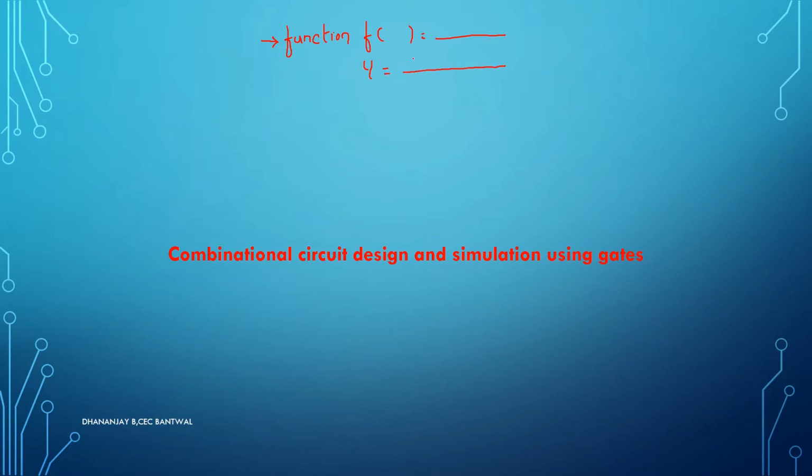Once this particular design problem is given to you, how are you going to solve it? The initial thing I'm going to do is draw the truth table for the given problem. Once the truth table is drawn, I'll try to get a simplified expression from the truth table.